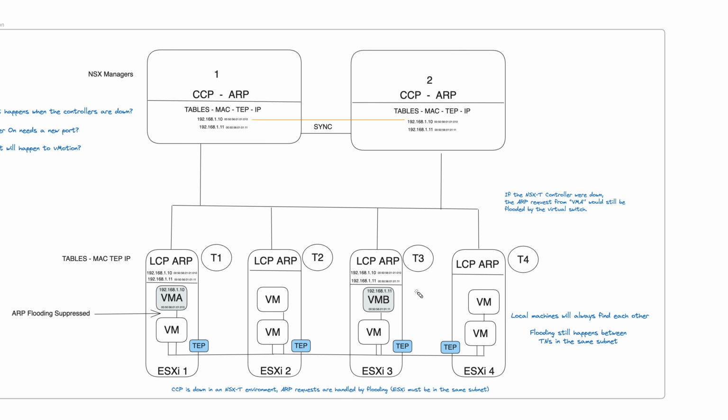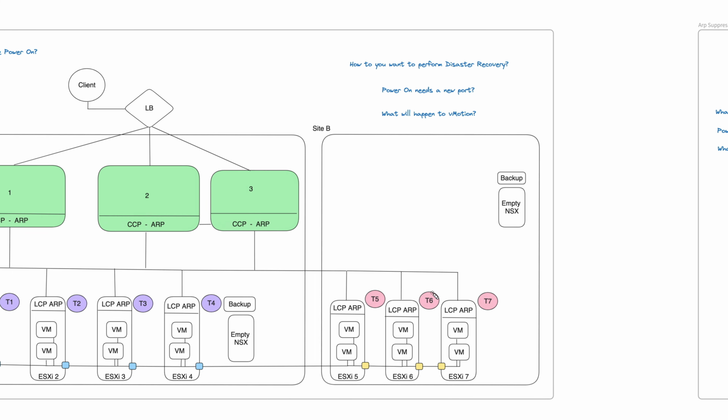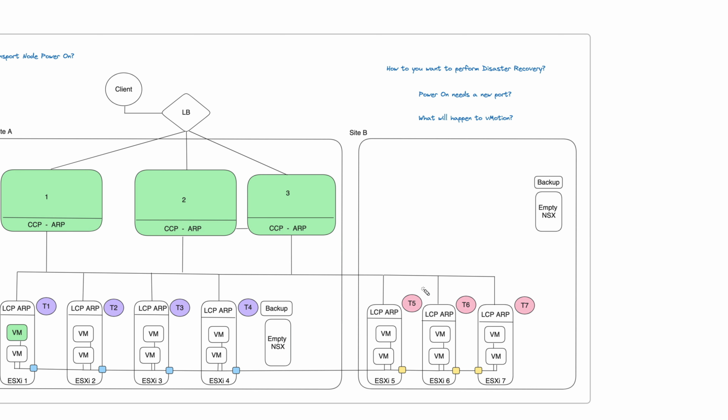So with that in mind, we can go to a situation where we have the following. We have 3 NSX Manager instances and they're all running on site A. Okay.